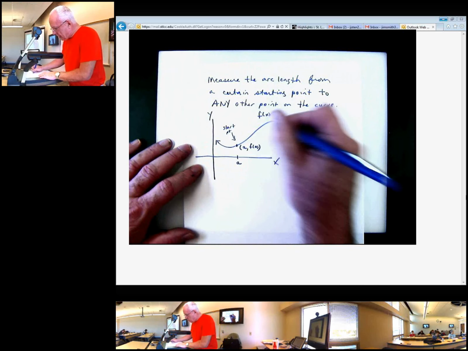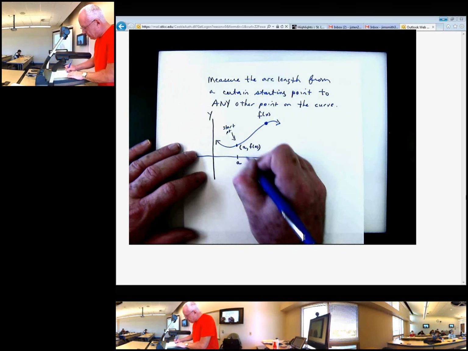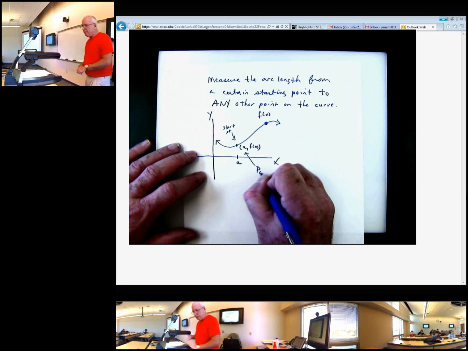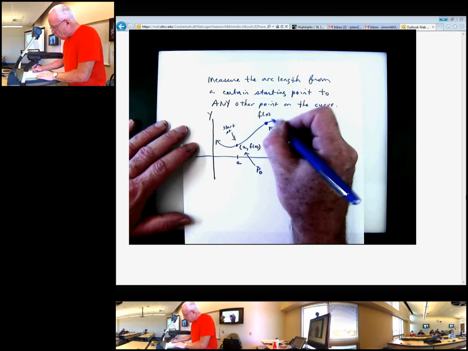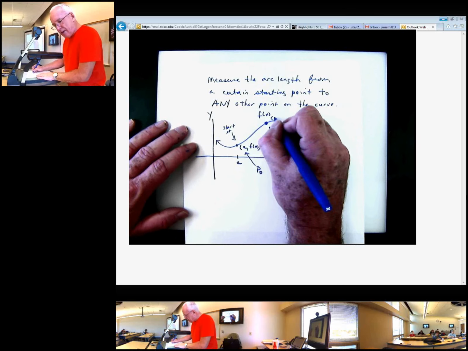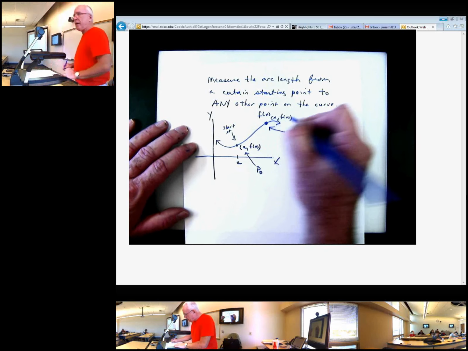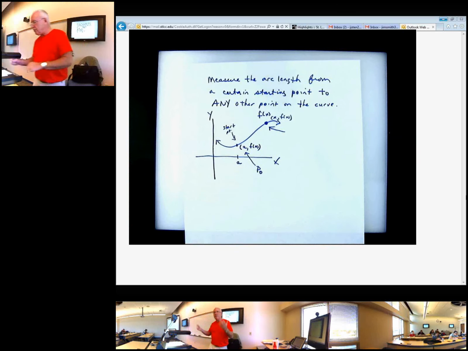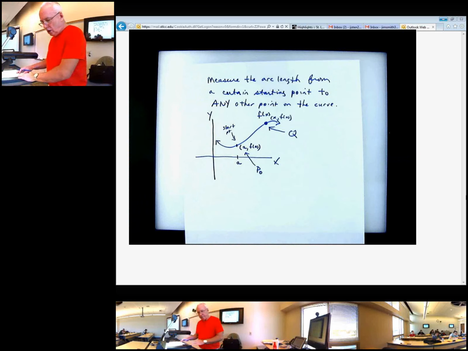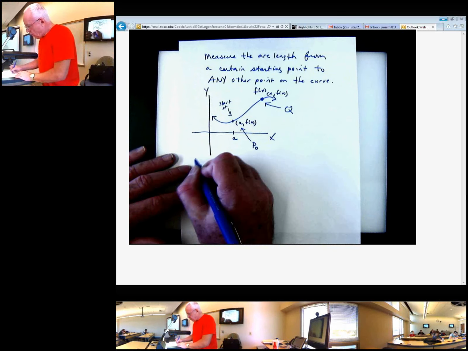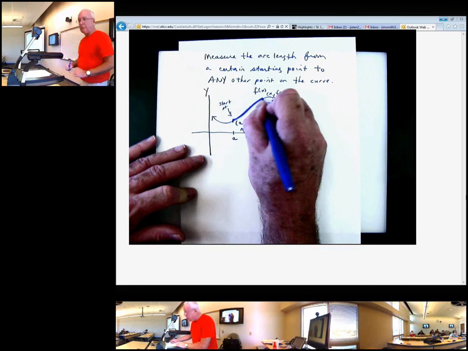And we want to go to any other point on the graph. By the way, let's call this starting point P naught. Say we want to go to any other point here. The coordinates of this point would be any value of, let's just call it x, and the y value would be f of x. So it's a variable, any other point, and we'll call this point Q. We want to find the length of this curve between those 2 points.